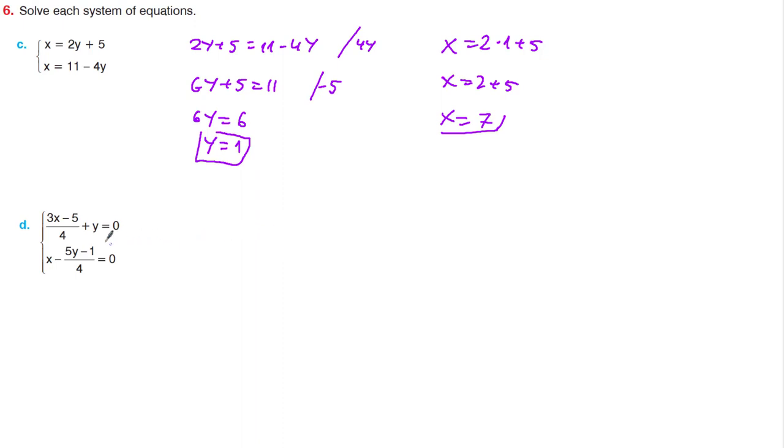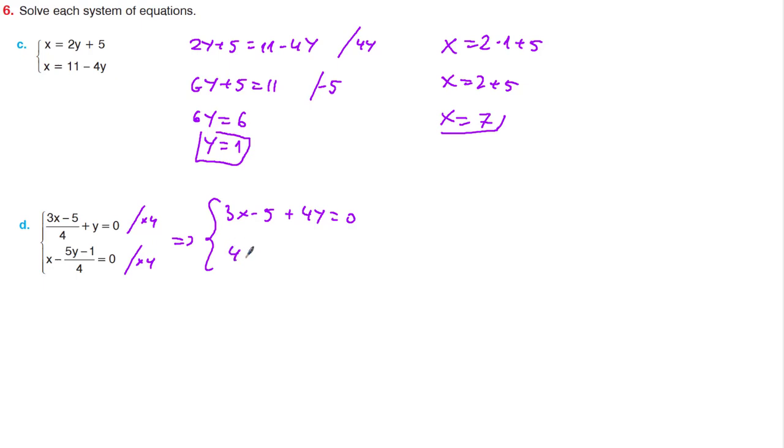Same goes for the equation here. We can solve it in different ways, maybe substitution or maybe trying to get opposite terms. Let's see, we can multiply here by 4 and here by 4 as well. So multiply by 4. What do we get? We get 3x minus 5 plus 4y is equal to 0.